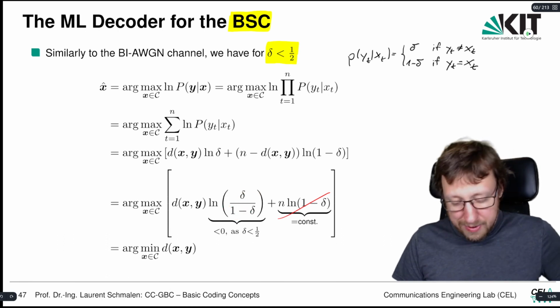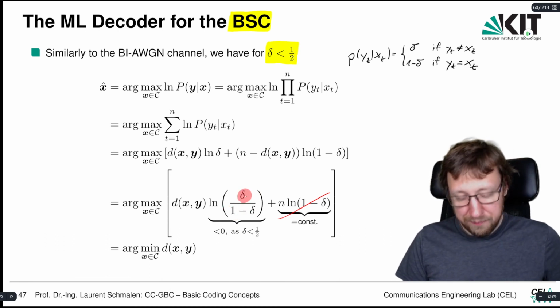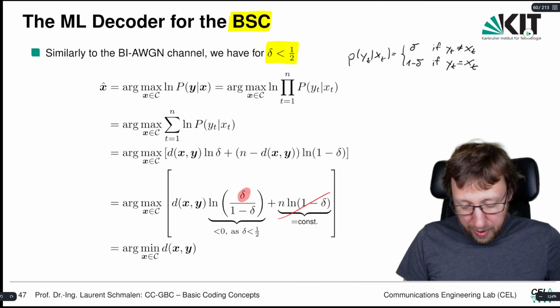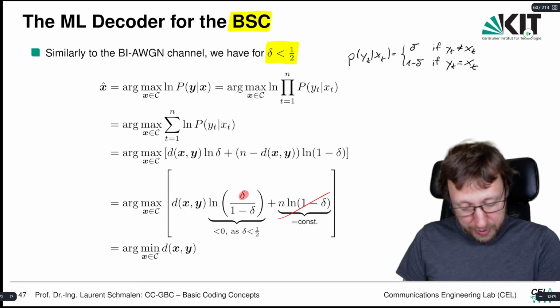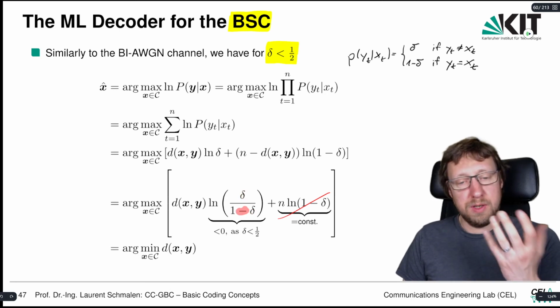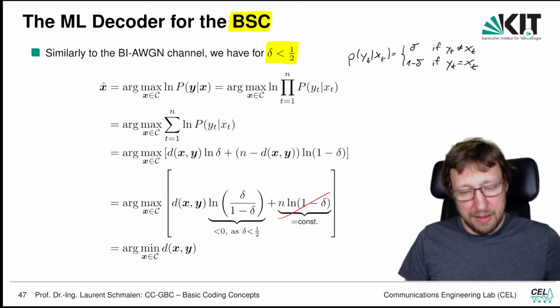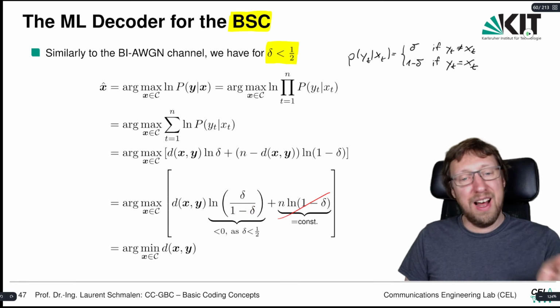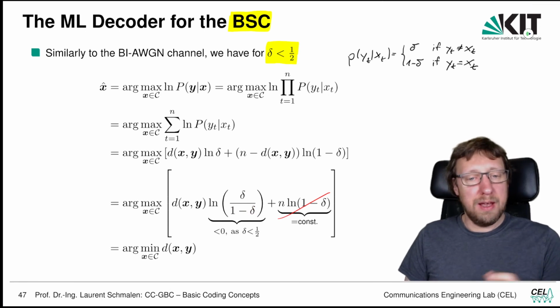So if delta is smaller than 1/2, we have something that is smaller than 1/2, and 1 minus delta is between 1/2 and 1. So something smaller than 1/2 divided by 1 minus delta will be between 0 and 1.